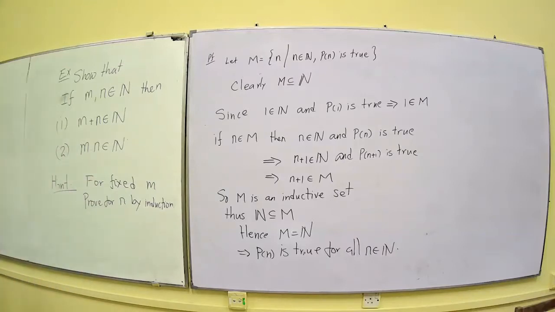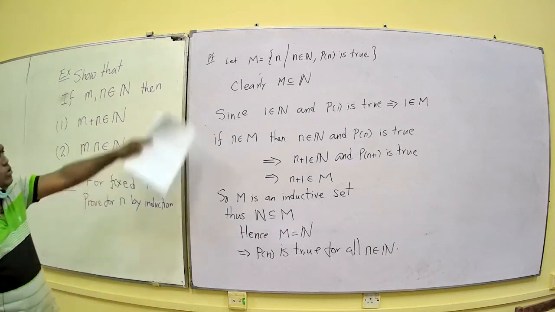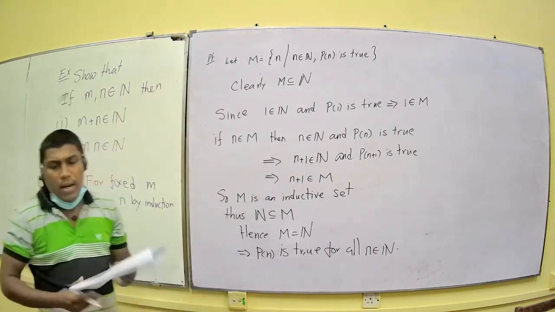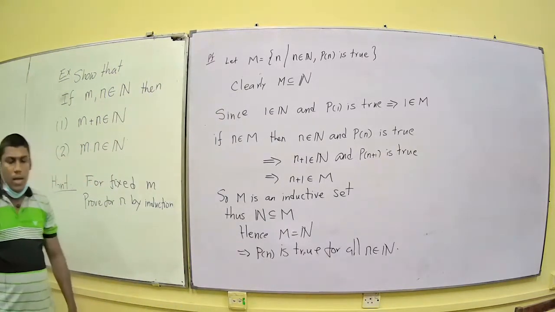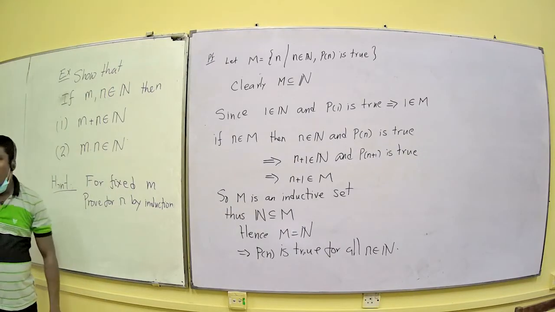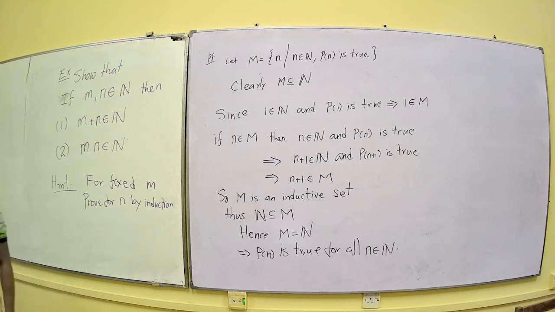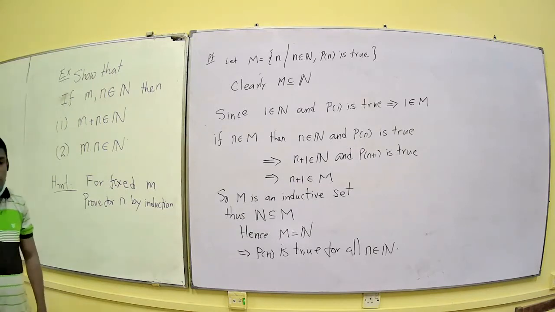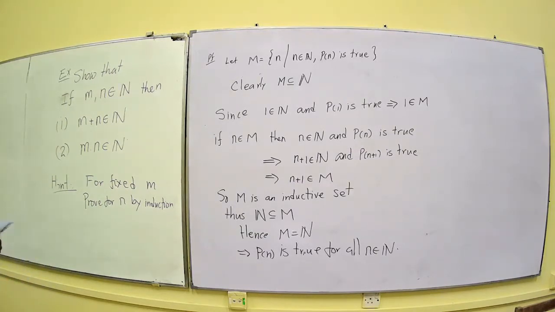Here two natural numbers are there, m and n. But mathematical induction is only defined for one natural number, and here two are involved. Both of them are arbitrary natural numbers, so you fix one natural number and let the other be arbitrary, so that you can easily apply mathematical induction.